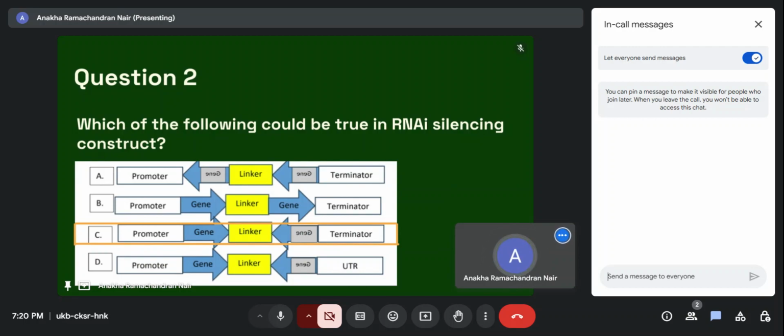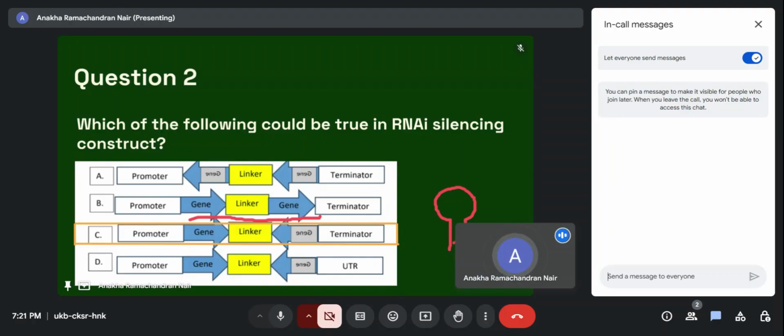So what happens is, this area will be transcribed into an RNA, right? And since these two genes are in opposite directions, they will form complementary regions, right?